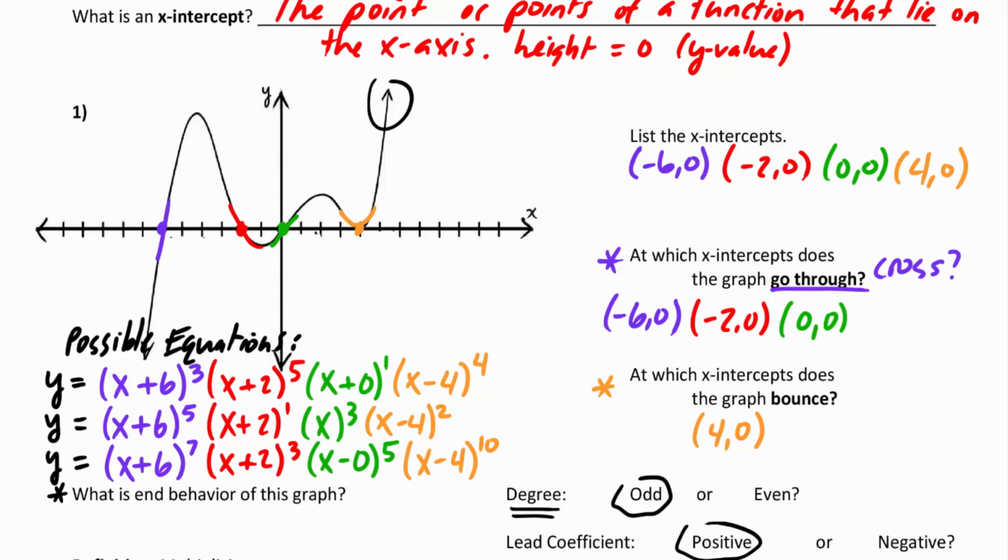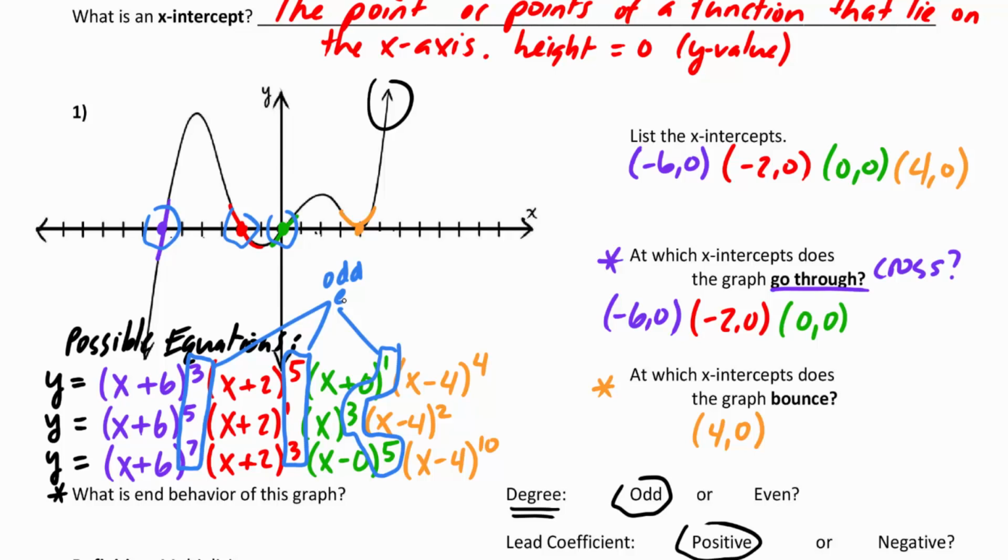Now, can you find out what's happening? If you're looking at exponents, that's good. You're on the right track. So you'll notice anytime that the graph is crossing through from one side to the other, I've got to be careful with my exponent on the green parts here, but all of these are odd exponents.